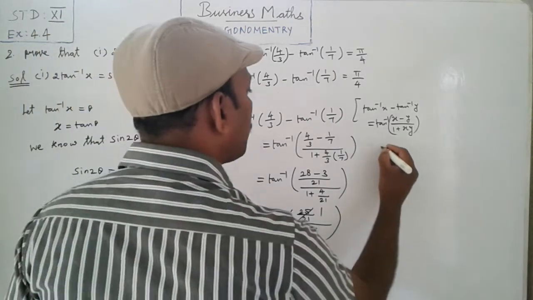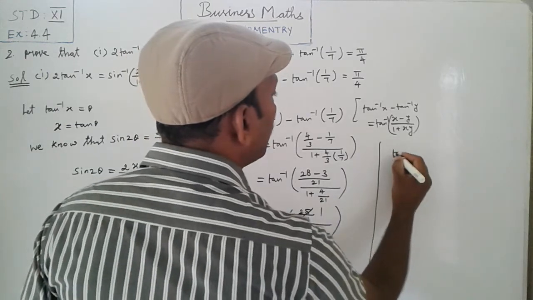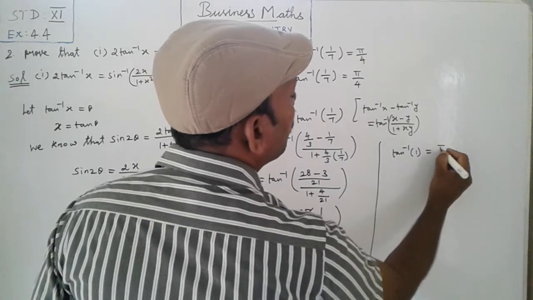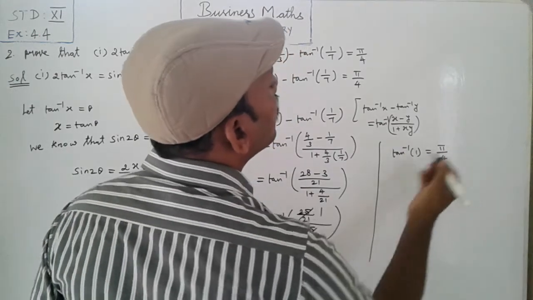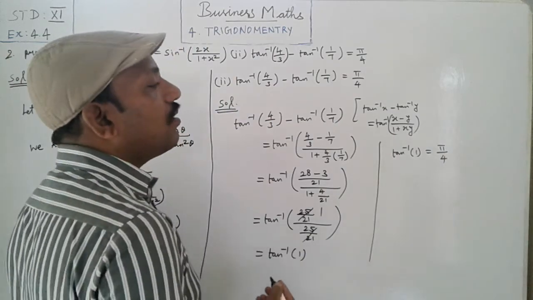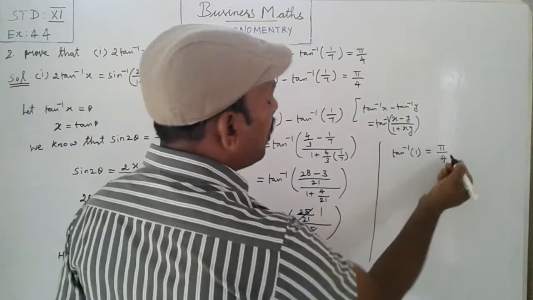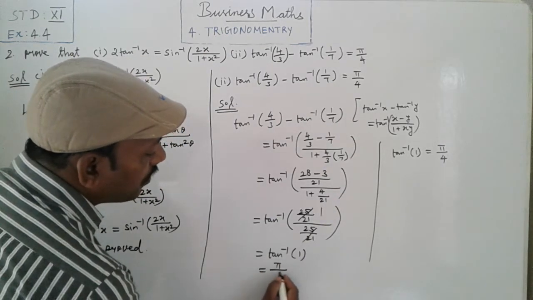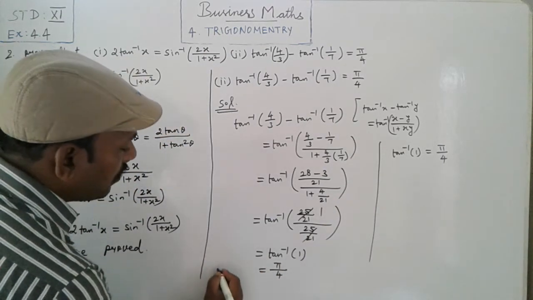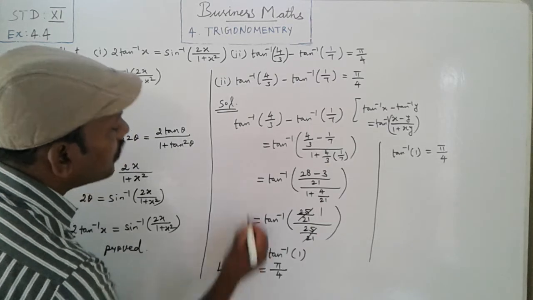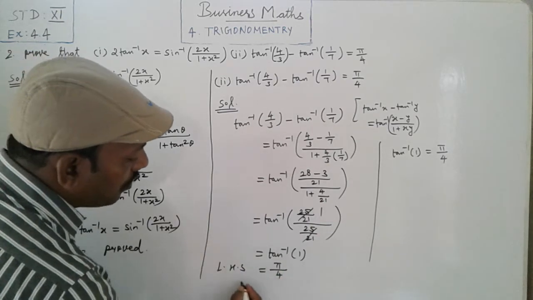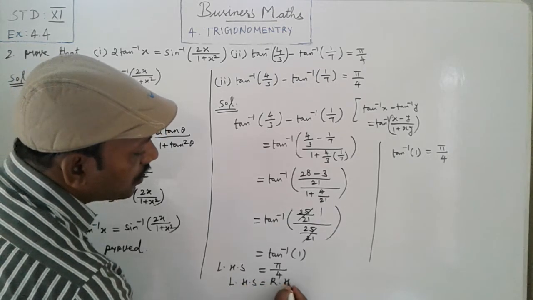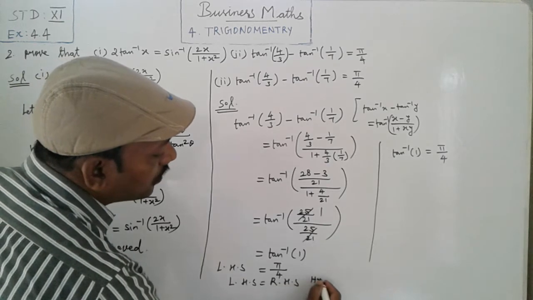We know that tan inverse of 1 value is pi by 4. Tan 45 degree is what? 1. So tan inverse of 1 value is pi by 4. We substitute, so pi by 4. So LHS equals RHS, hence proved.